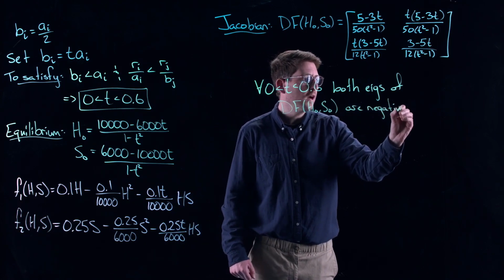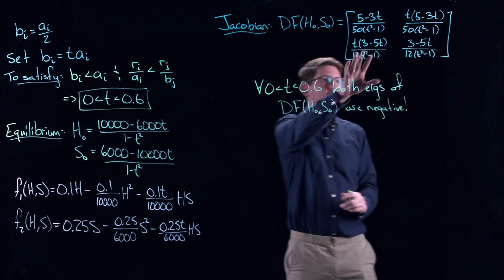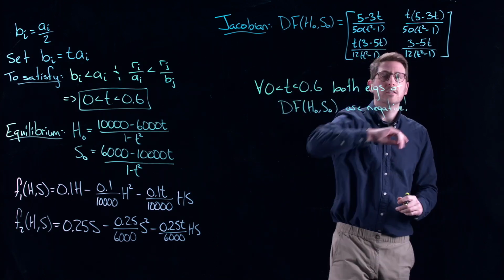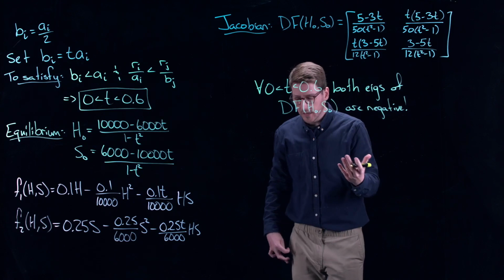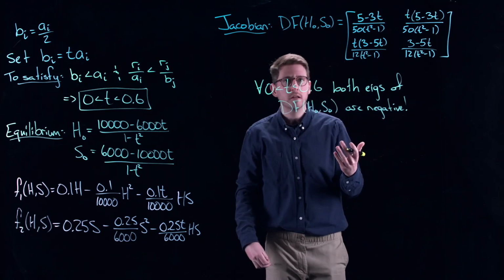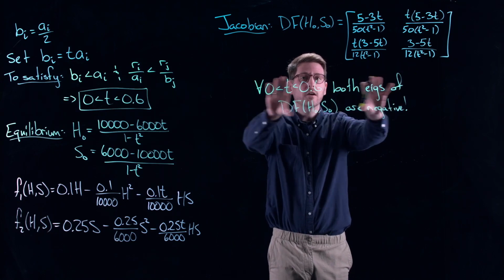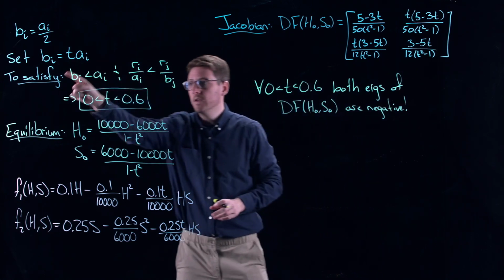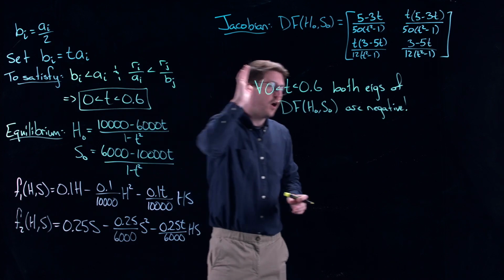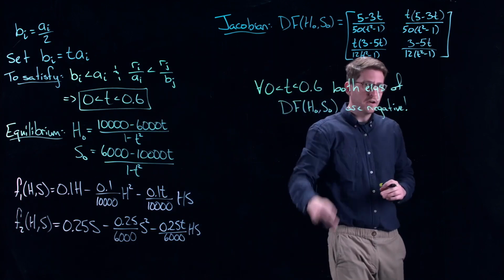You can go ahead and plot that for yourself. Use t as a symbolic variable, compute the eigenvalues. It's going to be an ugly function, but you can compute it. You can see that no matter what the value of t, as long as it's in this feasible range, it always returns negative eigenvalues.